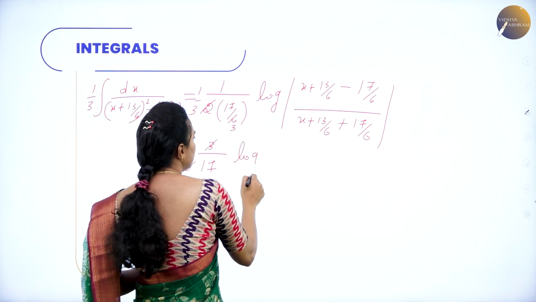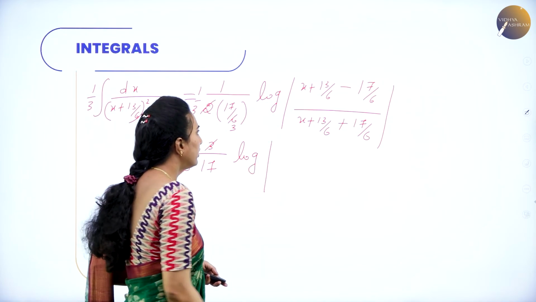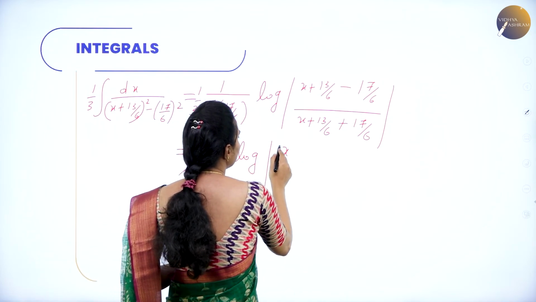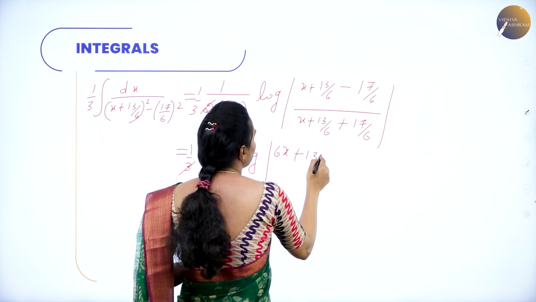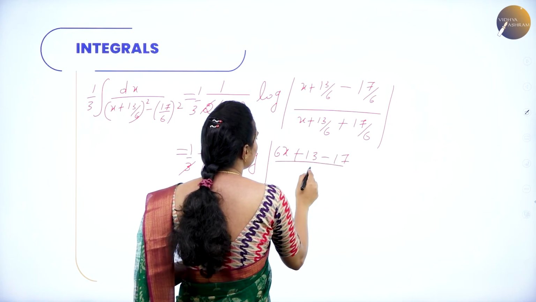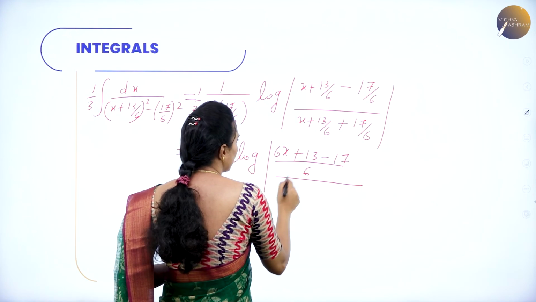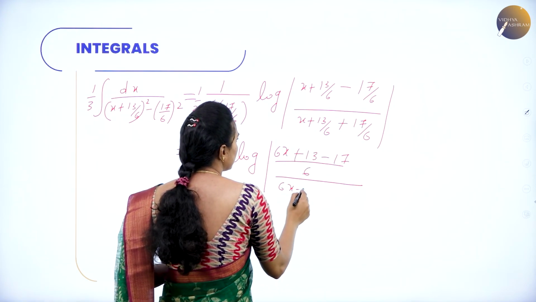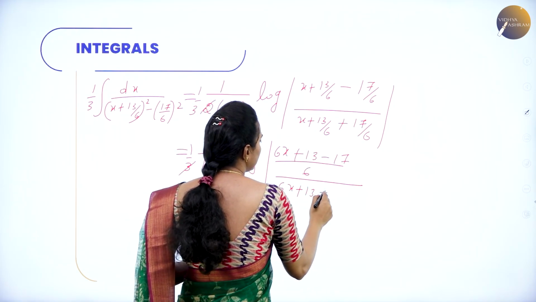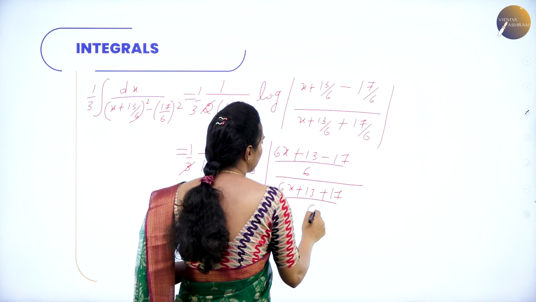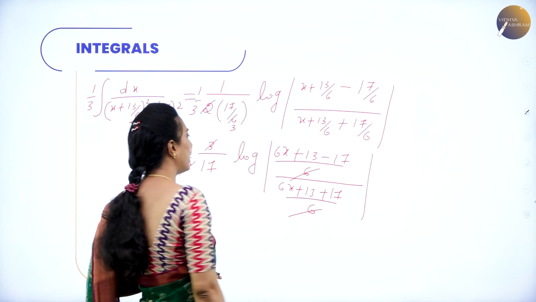Now taking the LCM here, the log of modulus will become (6x plus 13 minus 17) divided by 6, over (6x plus 13 plus 17) divided by 6. Now here 6 will get cancelled.